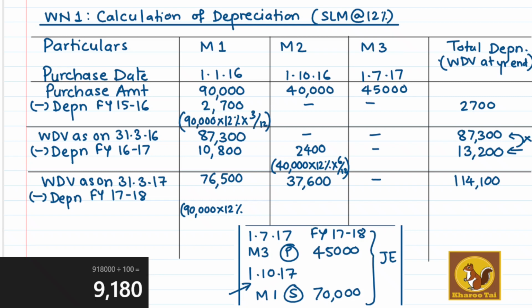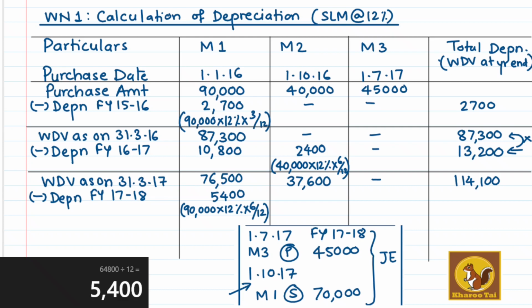So for 6 months, we are going to calculate the depreciation. 6 divided by 12. On calci, 90,000 into 12% into 6 divided by 12, 5,400.